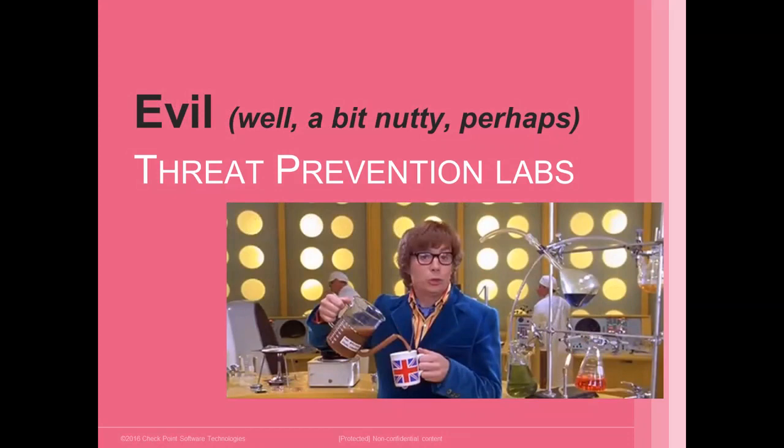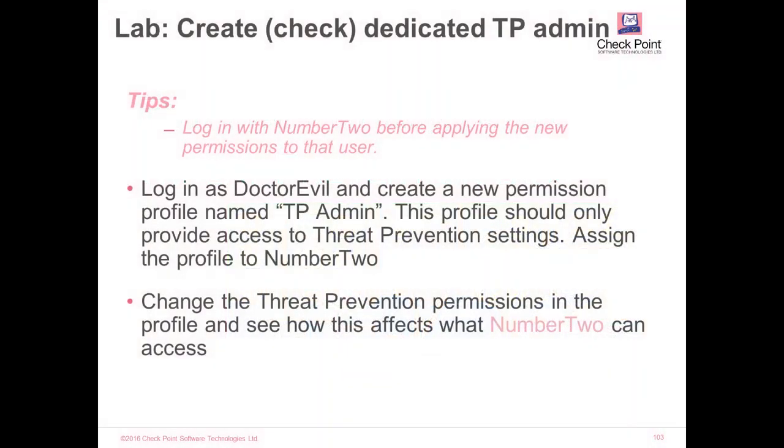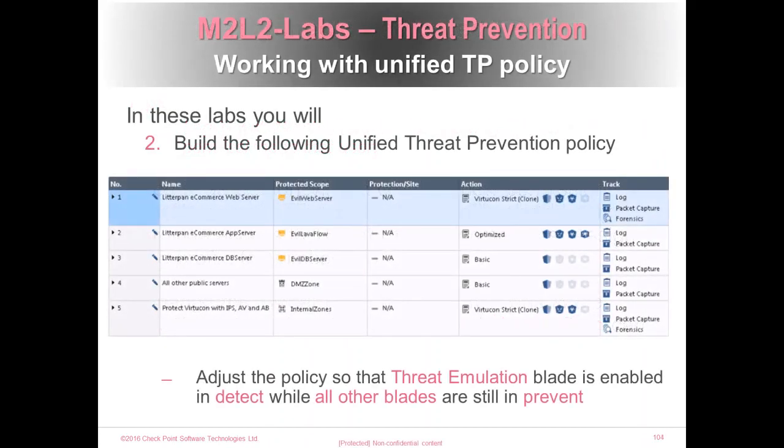In this lesson we have 3 little evil labs. In the first lab, you're going to work with number 2, the dedicated threat prevention administrator, and try to see what kinds of permissions he has in the policy when you assign a dedicated threat prevention permission profile to that administrator. In the second lab, you will build a unified policy for the Verticon Industries organization, and then you will adjust the policy so that the threat emulation blade is enabled for the entire organization, but only in detect mode, while all other blades are still enabled in prevent mode.